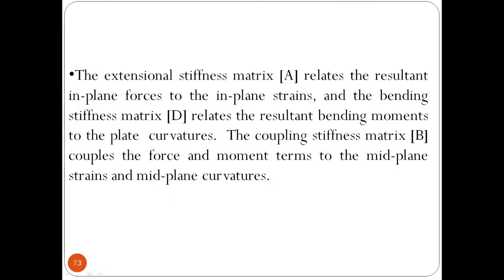As I discussed in the previous slide, A represents the resultant in-plane forces and is responsible for taking up the stress loads and the strains. The D matrix is for the bending and flexural properties, and the B matrix is used as a coupling matrix for the force and moment terms in order to calculate the strains and the mid-plane curvatures.